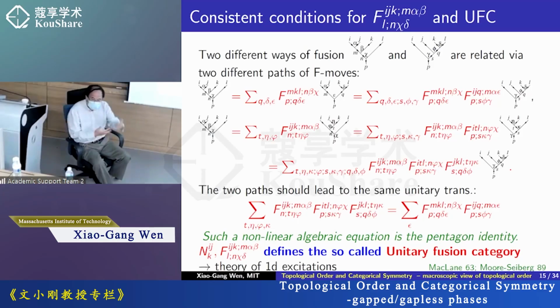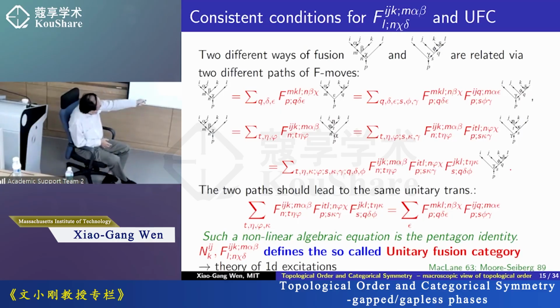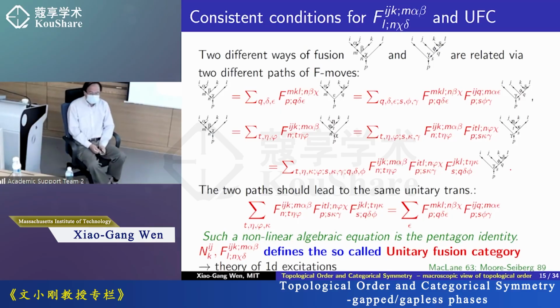That's a huge equivalence relation. That's a constraint. This F symbol should satisfy this pentagon identity. It's a nonlinear algebraic equation, and that's almost it. That's how I view a module or fusion category. A fusion category is described by data Nijk and the F symbol.